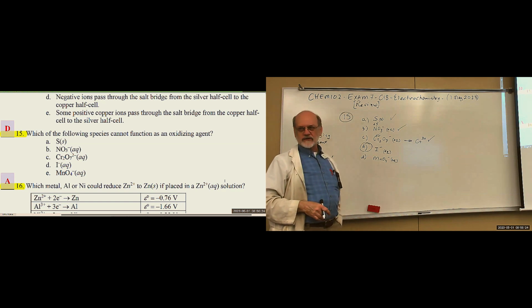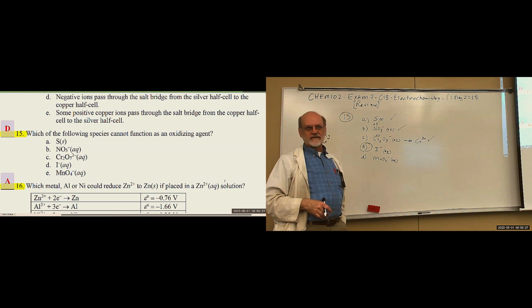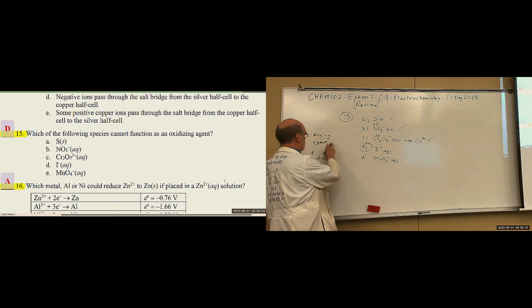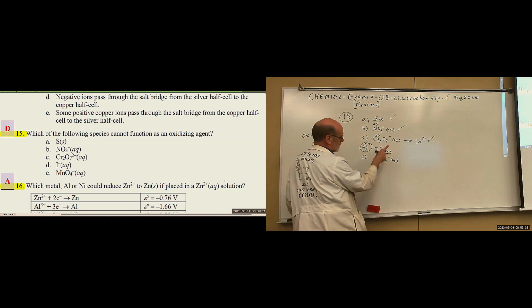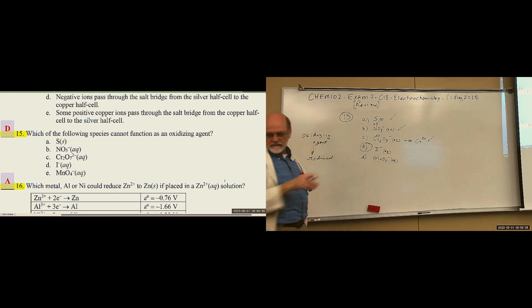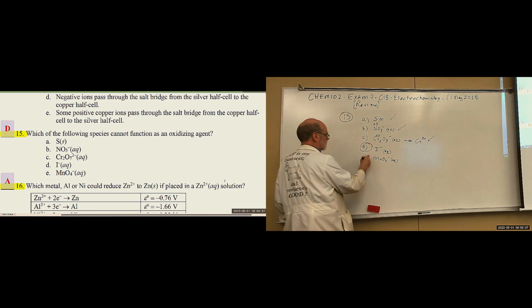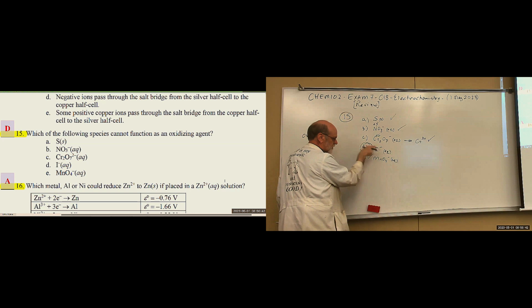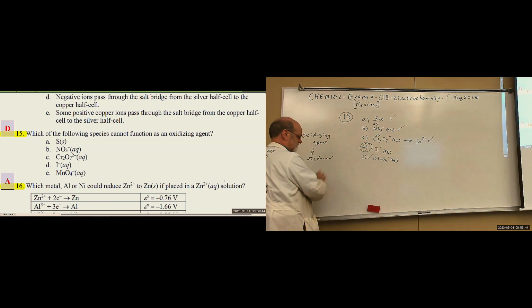I'm sure some graduate student somewhere has been forced to do that project and done it. But for our purposes, it would not serve well as an oxidizing agent. And MnO4, we can do that one and look at it, and it would also work. Right? So this is the one that doesn't want to be reduced.